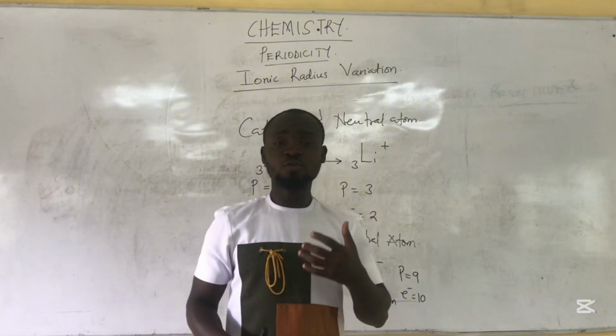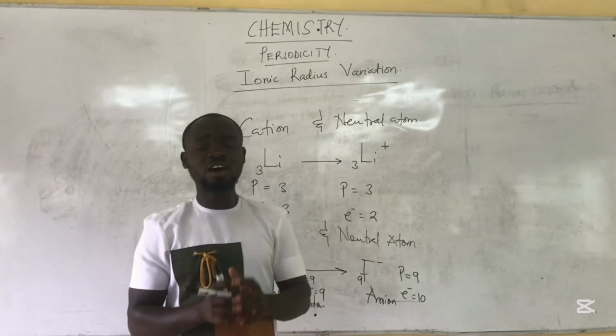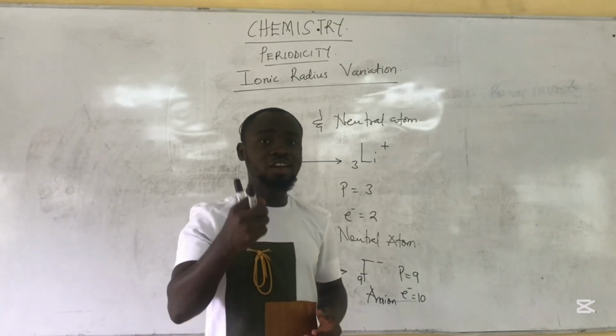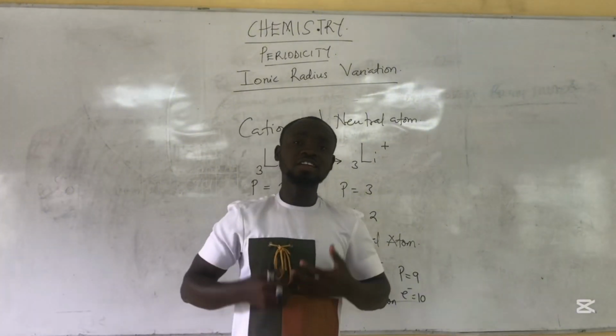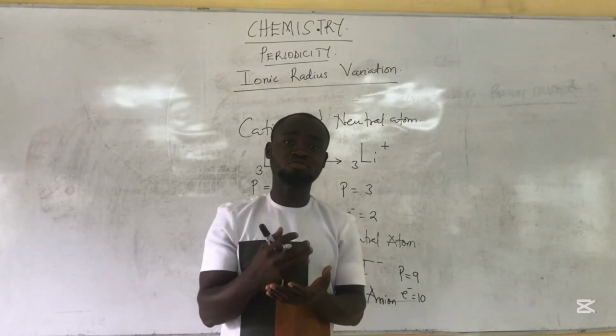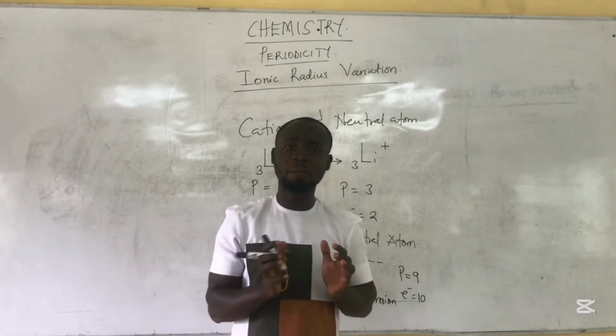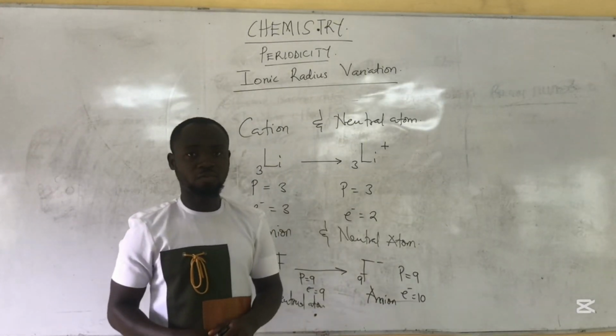Is that okay? So for anions, since they have excess electrons against the protons causing a reduction in nuclear attraction, the size of the anion increases compared to its neutral atom.